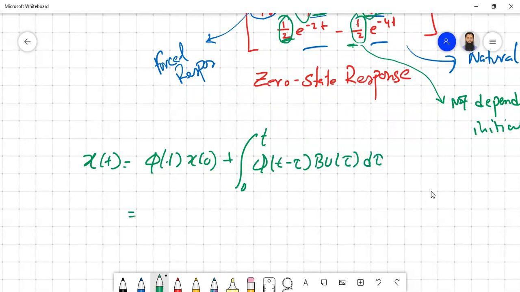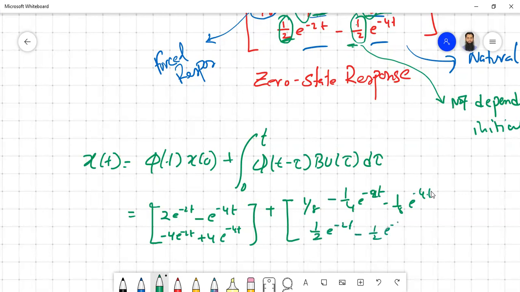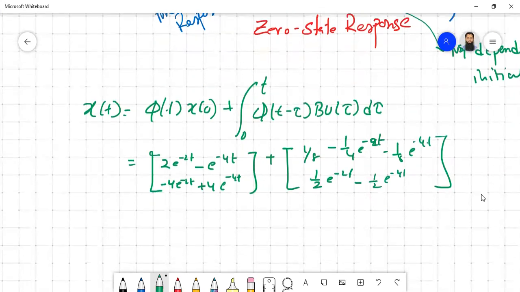So you just add those two matrices that we have obtained, and do a bit of calculation.